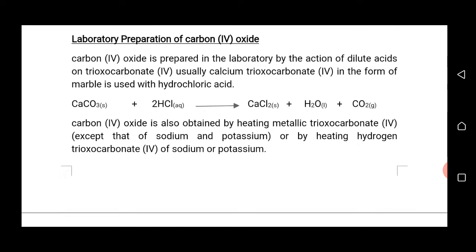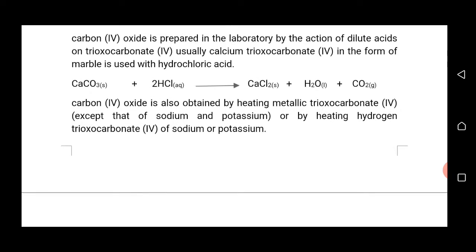What is the laboratory preparation of carbon 4 oxide? Carbon 4 oxide is prepared in the laboratory by the action of dilute acid on trioxocarbonate 4. Usually, calcium trioxocarbonate 4 in the form of marble is used with hydrochloric acid. So to prepare carbon 4 oxide in the laboratory, we react calcium trioxocarbonate 4 in the form of marble chips or marble granules with hydrochloric acid.